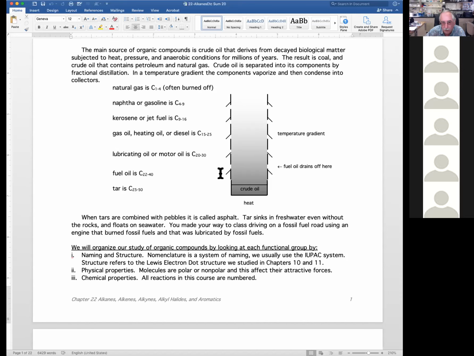So this drains off over here. Tar remains down here. Fuel oil, what we burn for fuel, is very thick. And then if it goes up higher before it condenses, that might be motor oil. Even higher would be diesel. Then higher than that would be jet fuel. And then finally gasoline. And then anything that doesn't get condensed is natural gas between methane and butane.